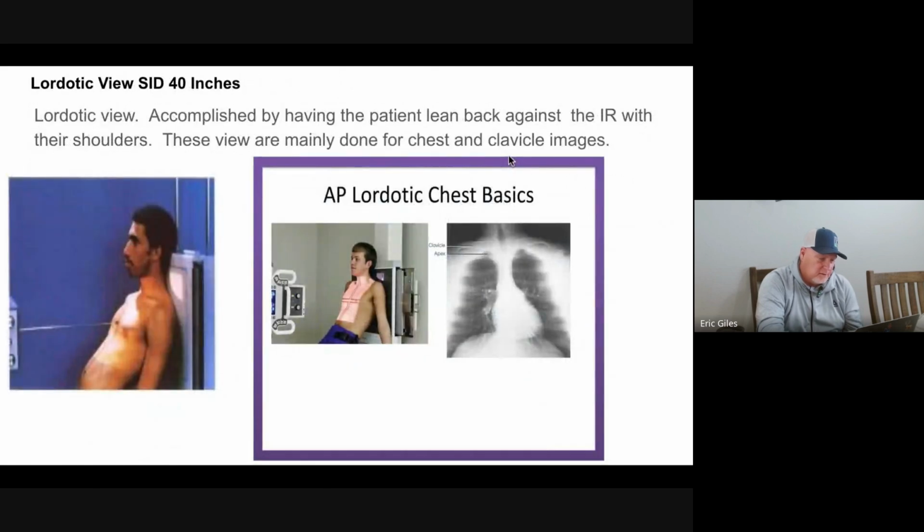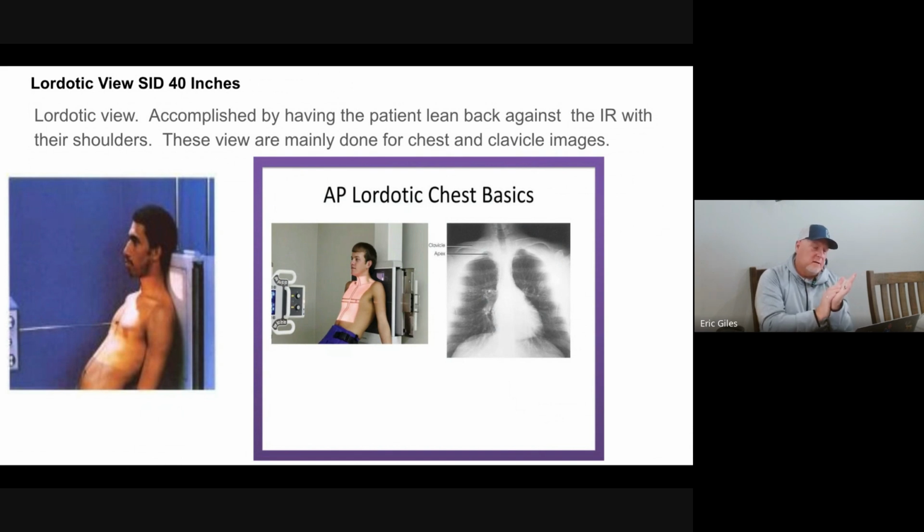Okay, lordotic view, we do very, very little of these unless you're doing a clavicle and don't want to angle your tube. But the lordotic view is having the patient step a foot away from the image receptor and leaning back so their shoulders are against it. And that's the lordotic view.